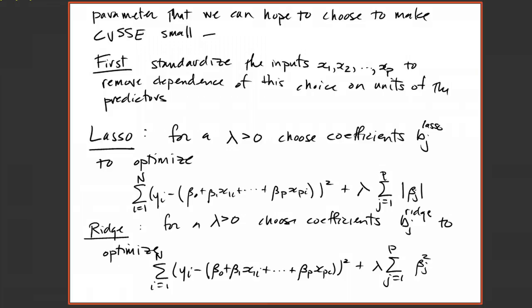This enterprise depends, before we begin, on standardizing the inputs x1 through xp. I talked a little bit about that in class before the Thanksgiving break. That only makes sense if I'm going to think about finding predictions that are based on somewhat smaller regression coefficients.